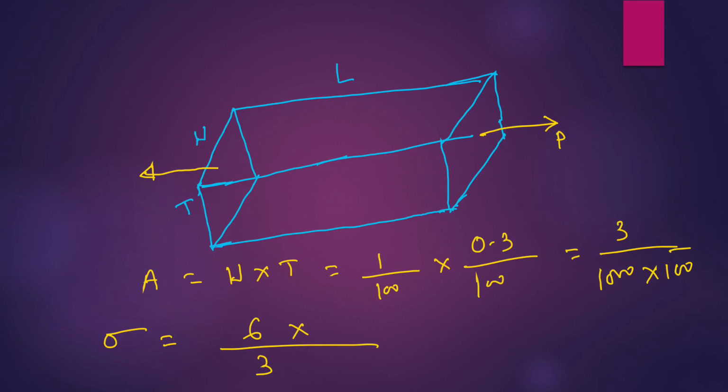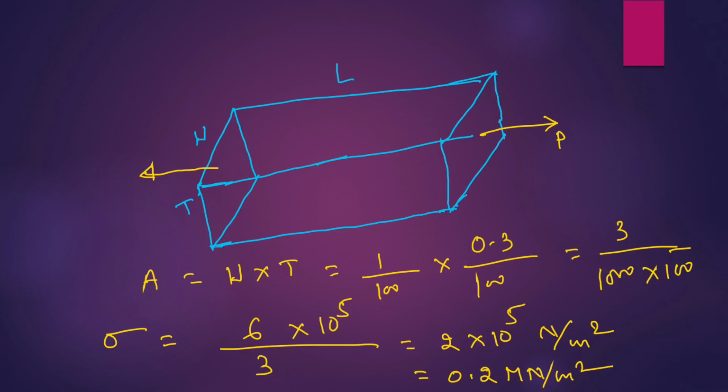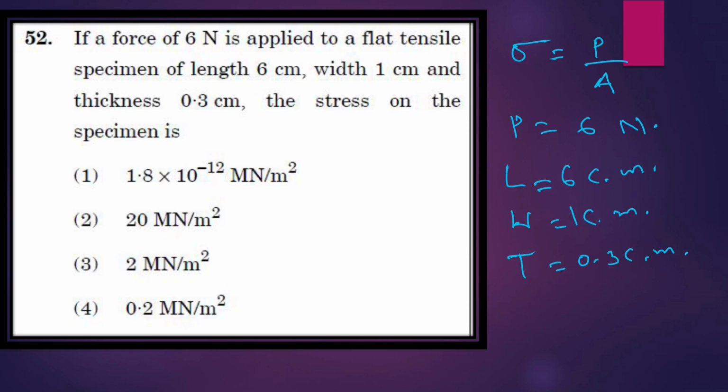So you will get 2 into 10 to the power 5 Newton per meter square. So options are in mega Newton. So divided by 10 to the power 6 you will get 0.2 mega Newton per meter square. So check from option, 0.2 mega Newton per meter square. 4 is your answer.